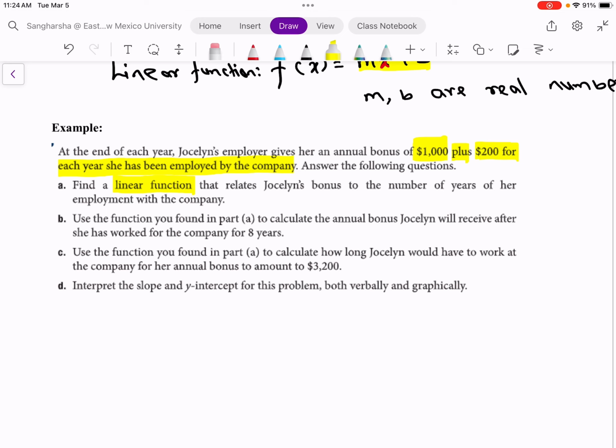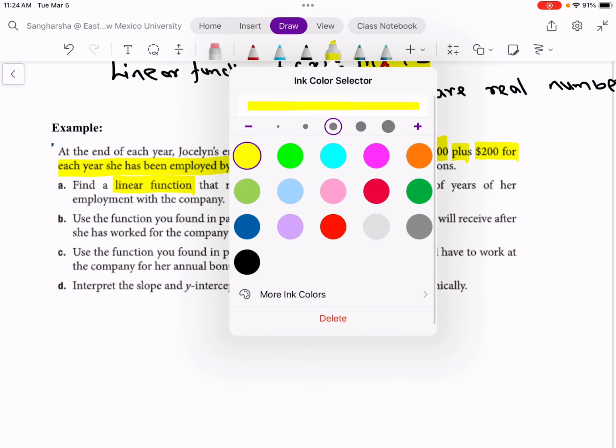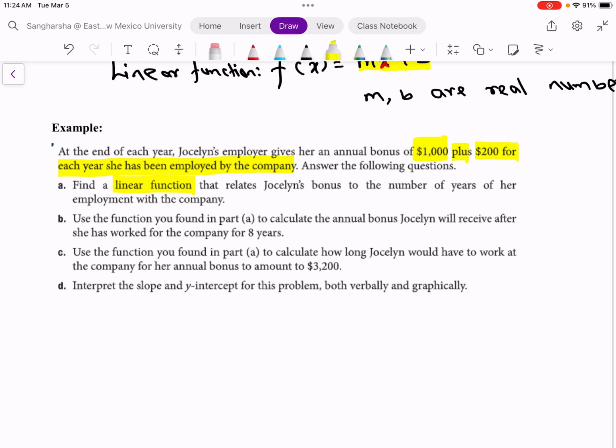Let's go back to the problem. She gets the bonus, and the bonus is $1,000 plus $200 for each year that she is employed by the company. So if this is the case, what are you going to input?